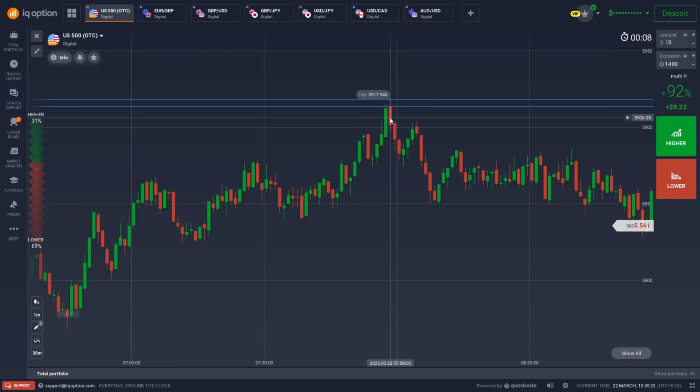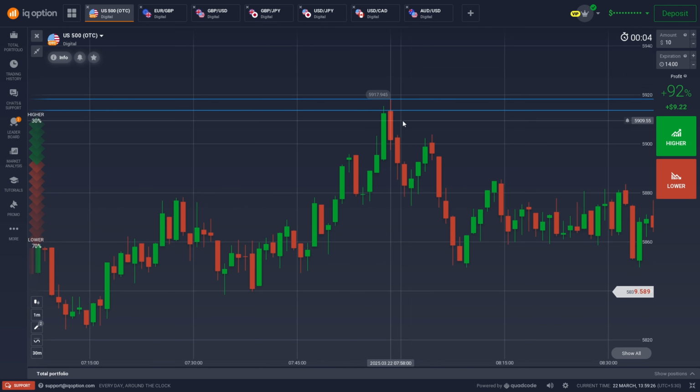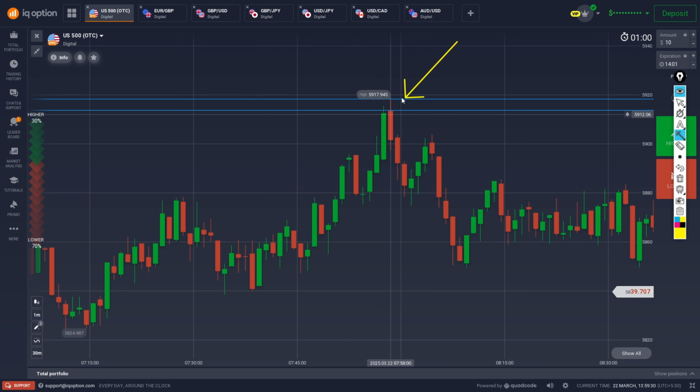And that's why you update these zones, because once you update them, you have a zone where you can expect that selling pressure still exists. I'm talking in the context of resistance here. You can do the same for support.